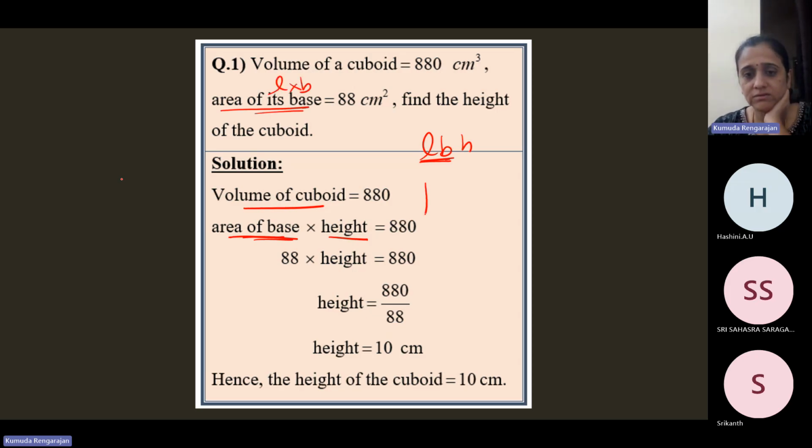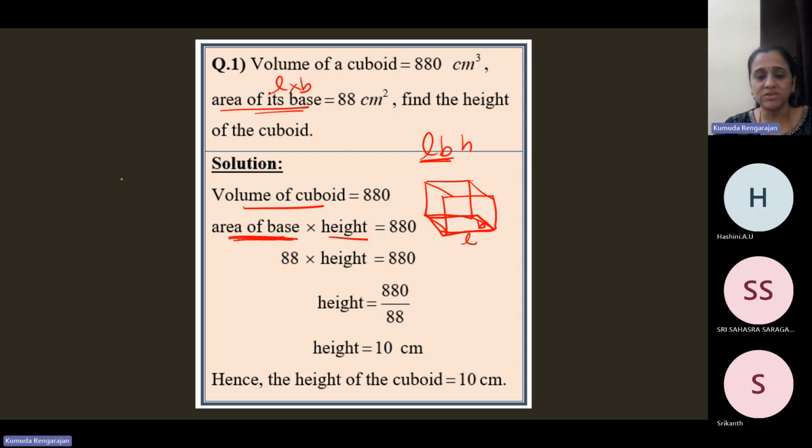Why L into B? See, there's a cuboid. This is the base of the cuboid. What's the area of the base? L into B. That's what I've written here.